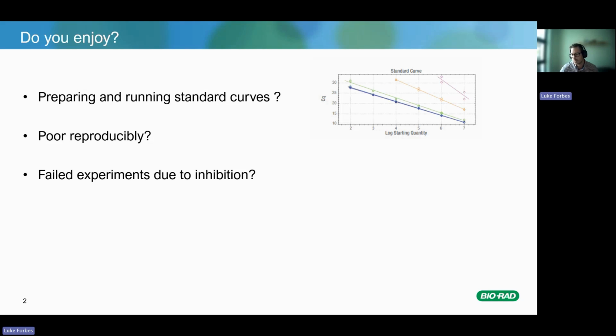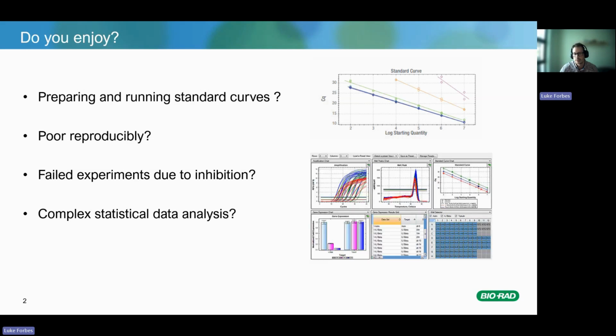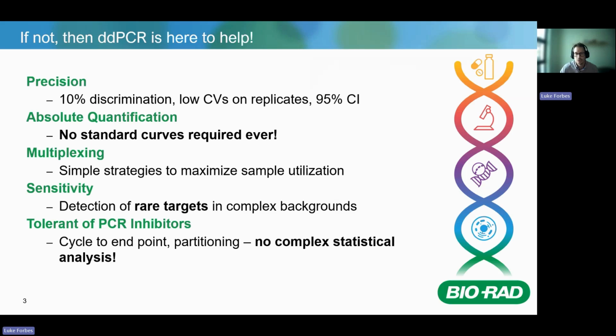It often happens. And do you enjoy doing complex statistics and statistical data analysis? This is when we're talking gene expression, delta CQs, and all these kind of things. I think the answer to all four of those questions is very likely no. So if that is you, then the great news is for all of those questions, ddPCR is here to help and make your life a lot easier.